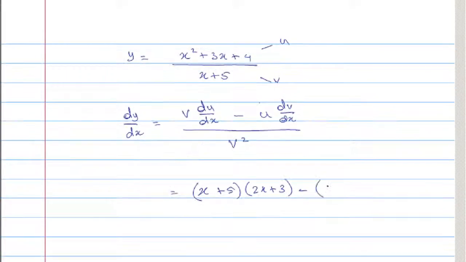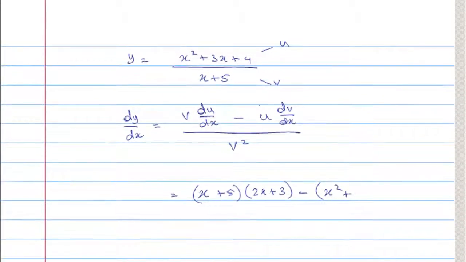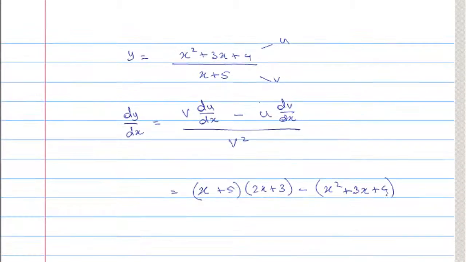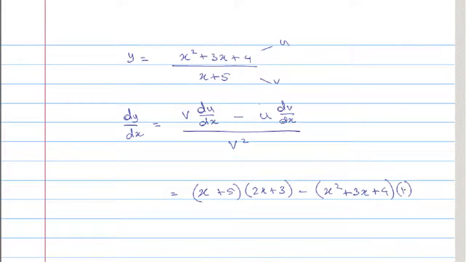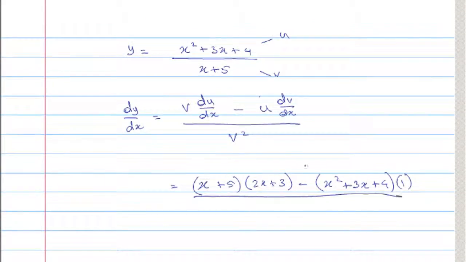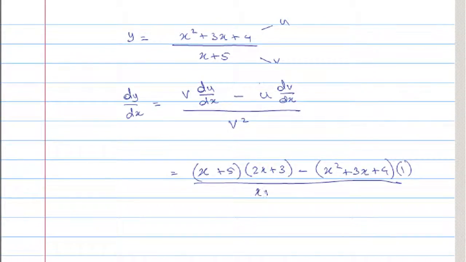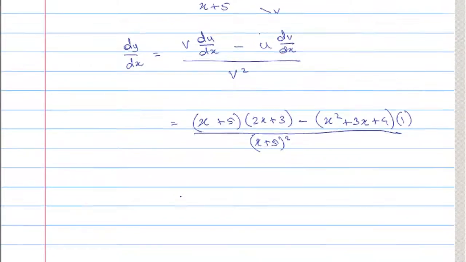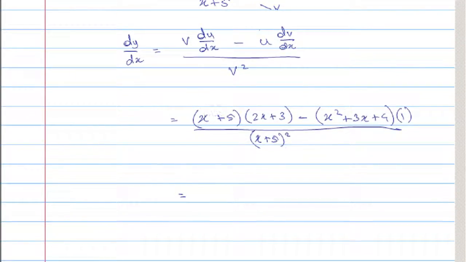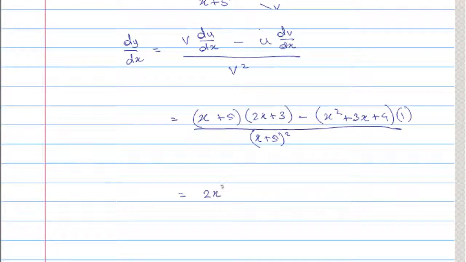And I have minus the numerator, which is x squared plus 3x plus 4 times dv over dx. So dv over dx will be equal to the derivative of x plus 5, that's equal to 1, divided by the denominator squared. So x plus 5 squared. And in this case, I think I'll simplify this because it's not that difficult. So expanding this first bracket, I get x times 2x, that's 2x squared.